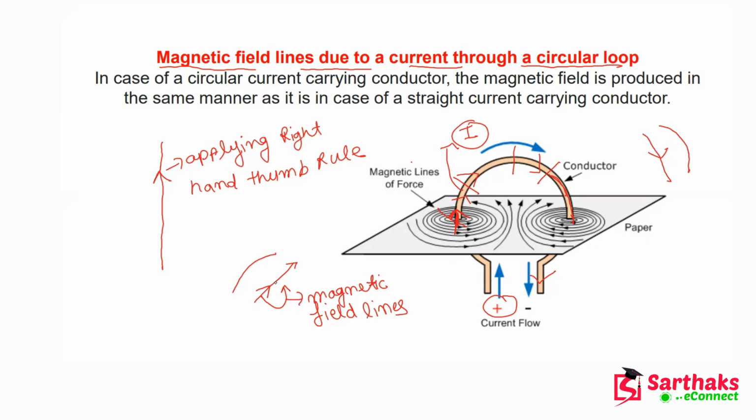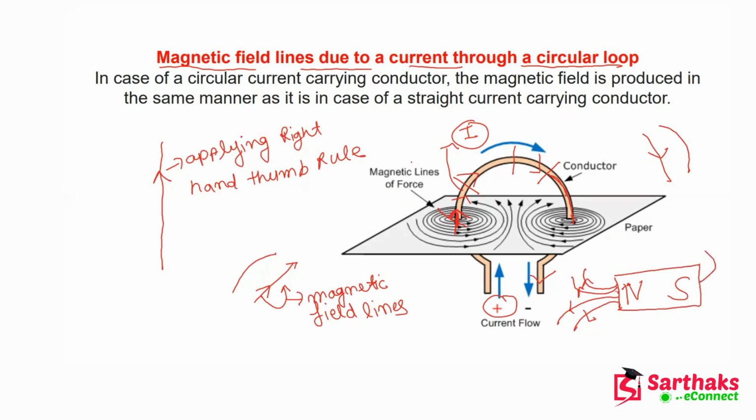So if I compare this circular loop with a bar magnet, let me draw a bar magnet for you. You can see this is your bar magnet. This is your north pole, and this is your south pole. The magnetic field lines go out of the north pole like this, and appear to come into the south pole like this.